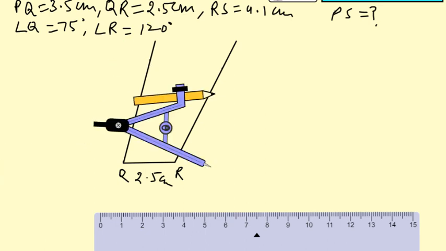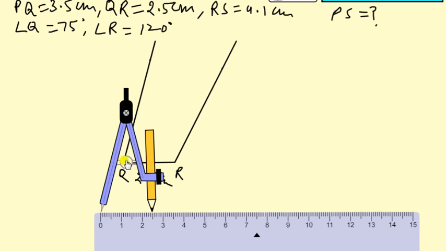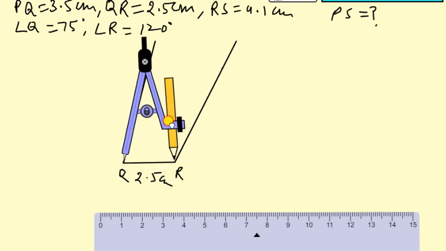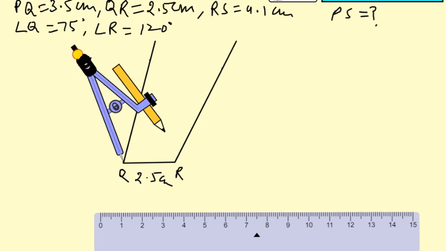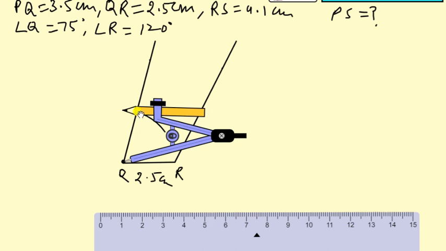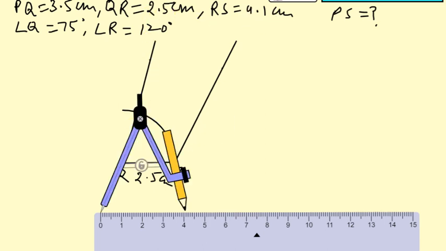Now take a distance. Which one? Take this distance, 2.5 centimeters, and now keep at the point Q and make an arc like this.